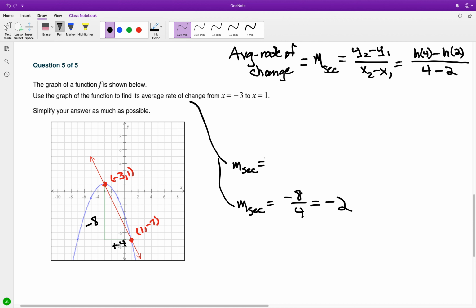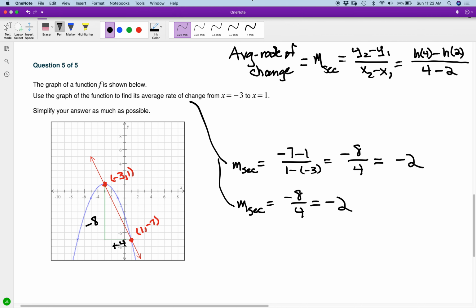And also from the ordered pair approach, for the change in y, we have negative 7 minus 1, and for the change in x, we have 1 minus negative 3. Negative 7 minus 1 is negative 8, 1 minus negative 3 is 4, and negative 8 over 4 comes out to negative 2. So you could either use the squares or use the conventional slope formula, still coming out to the average rate of change at minus 2.